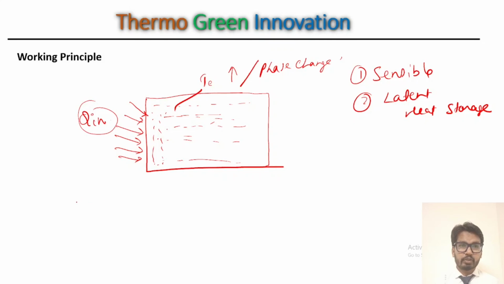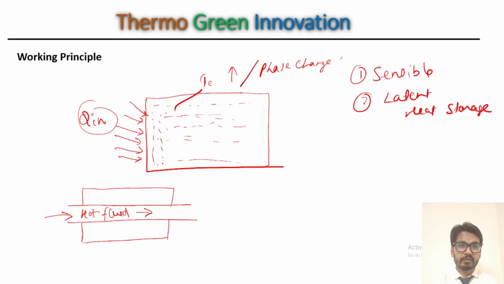In most of the practical applications, the arrangement is like that. There is a passage of some heat source, or we can say hot fluid, or it can be cold fluid. In this case, we are considering hot fluid coming like this, and there is the storage media which is in direct contact with the hot fluid passage via a conducting wall.